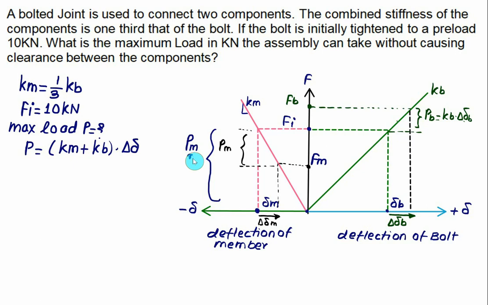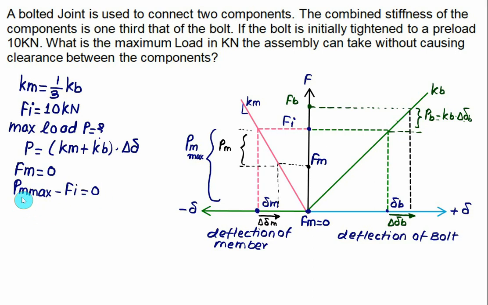So this one is Pm max. In that case, the value of Fm will be equal to 0, and the maximum force will be equal to Pm max plus Pb. So here we'll assume that the value of Fm will be equal to 0. The resultant force on the member is nothing but Pm max minus Fi, which will be equal to 0.